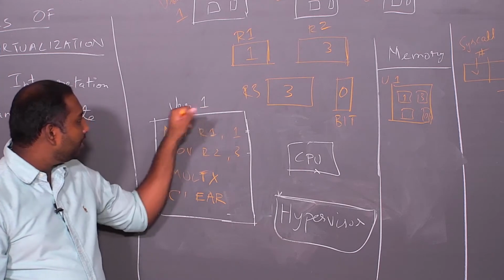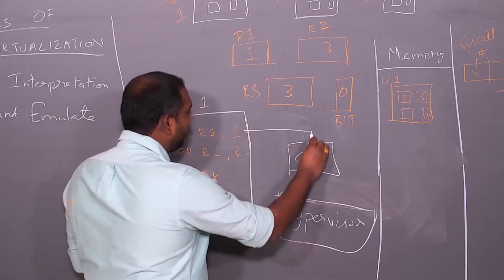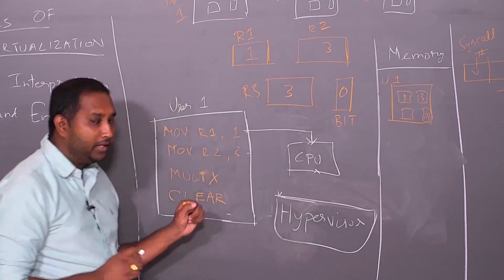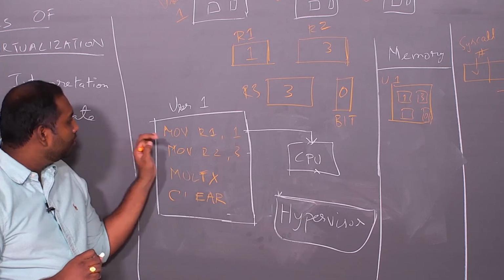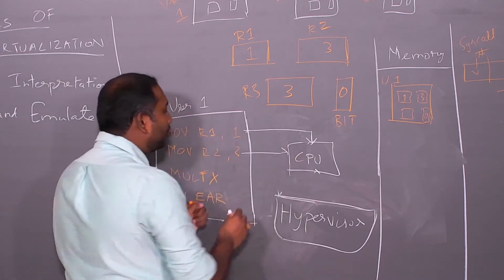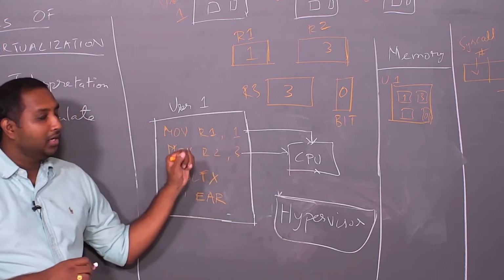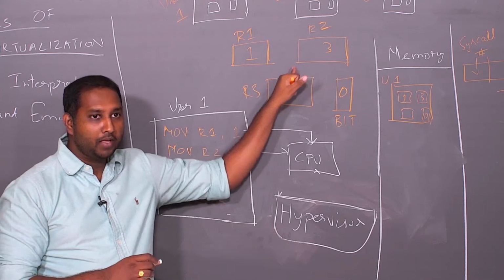Now, when the user executes move R1 to 1, it goes directly to the CPU. It does not go to the hypervisor, right? So when you do move R1 to 1 and then move R2 to 3, both of those actually execute directly on the CPU and they physically change R1 and R2.